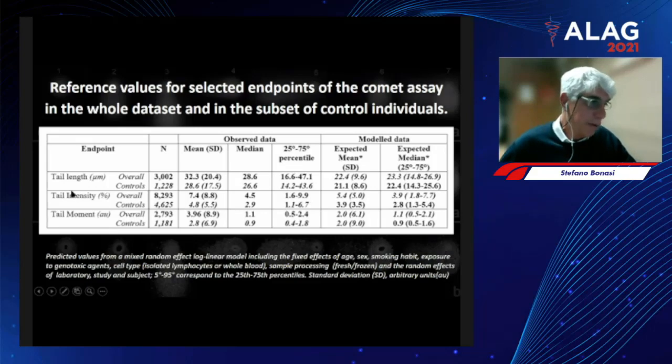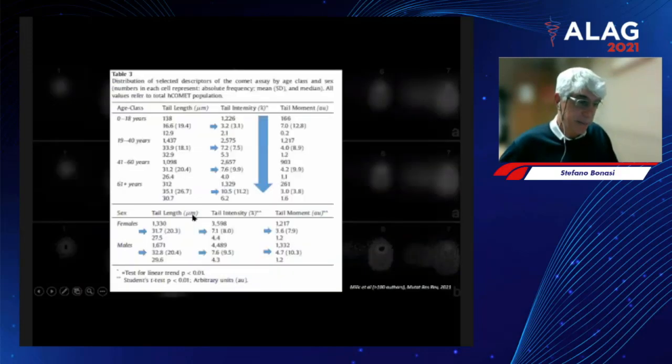For instance, for tail intensity, the median value is around 3.9, and the interval in which most of the results fall is between 1.8 and 7.7, which is quite a large interval, but it's pretty useful because it provides a reference.